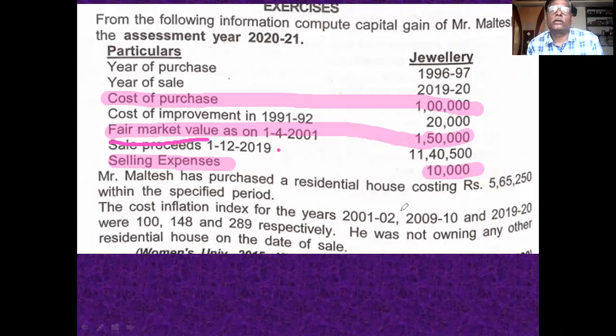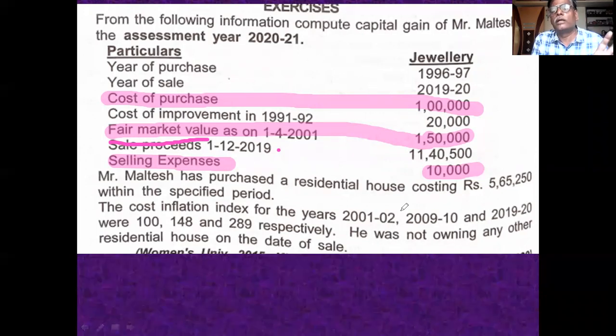While taking the cost of improvement, it should be made only after 1/4/2001. This is the point you remember. You take it. Otherwise, if the cost of improvement is before 1/4/2001, you don't consider that amount.